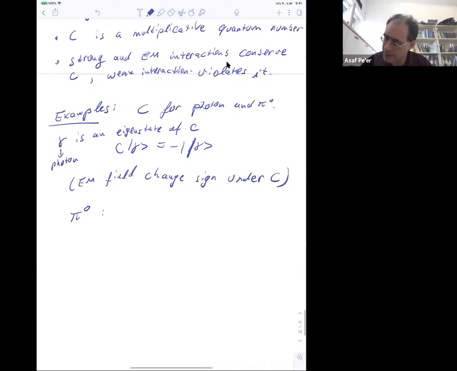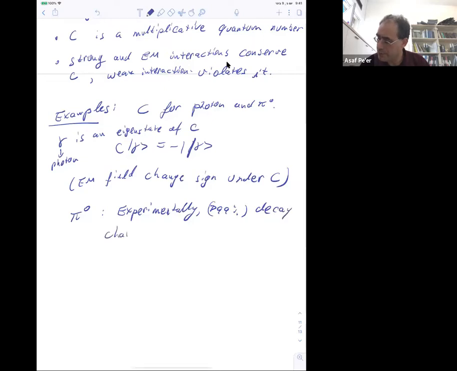But experimentally, in more than 99% of cases, the pion 0 decays into 2 photons.